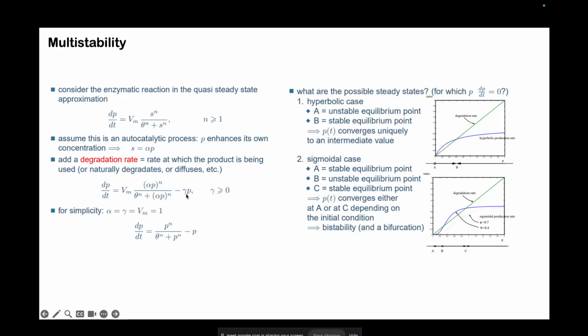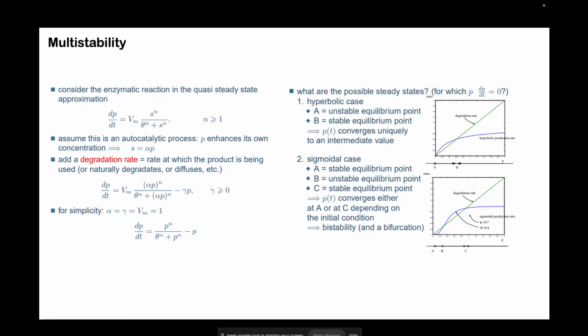In this one, for S you replace it with alpha P, which is the relationship between the substrate and the product, assuming there's an alpha rate of reaction. You can assume it's a pseudo parameter, because this reaction is not directly happening from substrate to product; there are a lot of things involved in between.